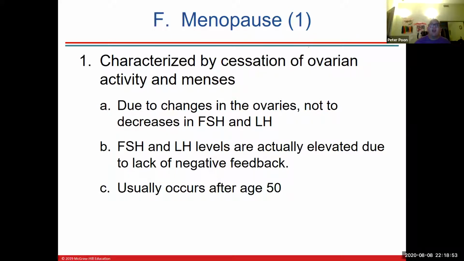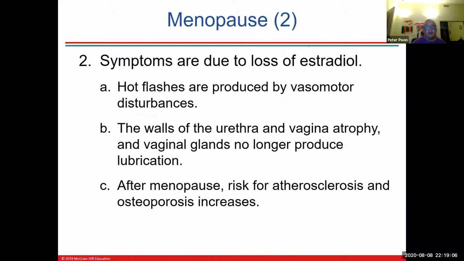Menopause. You have about 400 ovulations, and after that there are no more eggs. It usually occurs after age 50. The symptoms of menopause are due to loss of estradiol.